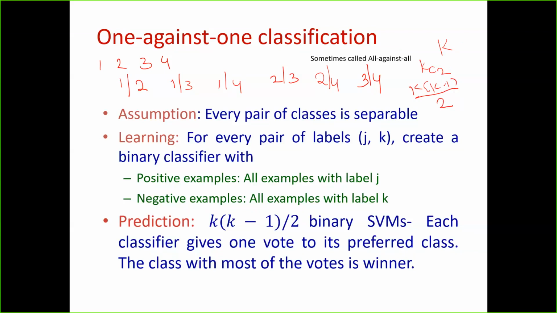For every pair of classes j and k, we create a binary classifier by taking all the examples with label j as positive and all the examples with label k as negative, and we train a binary SVM. How many SVMs are we training? 6. If there are k classes, then k into k minus 1 by 2, which is order of k square. So the training complexity is order of k square, right?